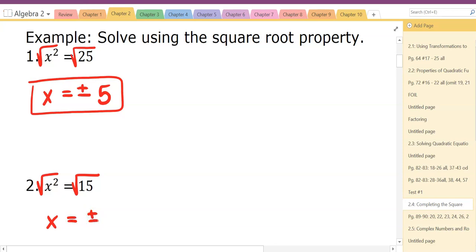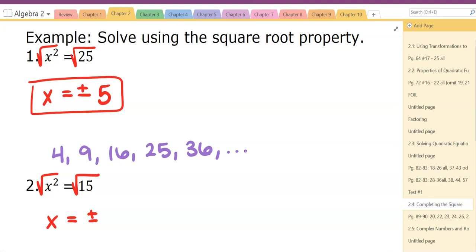But 15 is not a perfect square number. If I think about those perfect square numbers, 4, 9, 16, 25, 36, and so on, we talked about those at the beginning of the year. None of these go into 15. 4 doesn't go into 15 nicely. 9 doesn't go into 15 nicely. 16 is too big.